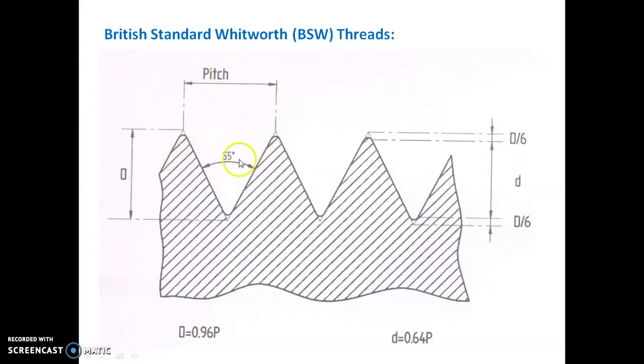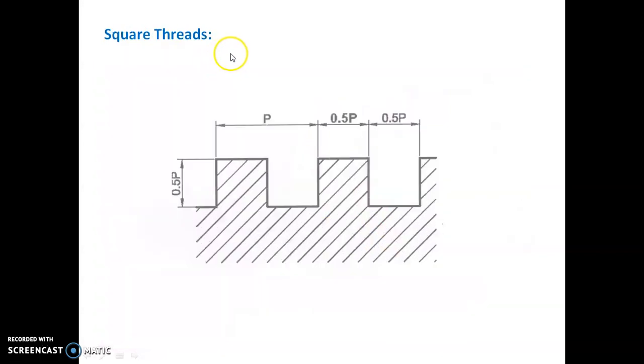When the pitch value is given, and you have this angle known as a standard, you can get the depth of the thread, and then further you can get a D/6 offset on both sides, and you can get the arc outside of this D/6 offset line, or else you can use D equal to 0.96 of P, or small d equal to 0.64 of P. Any of these can be used for the British Standard Whitworth threads.